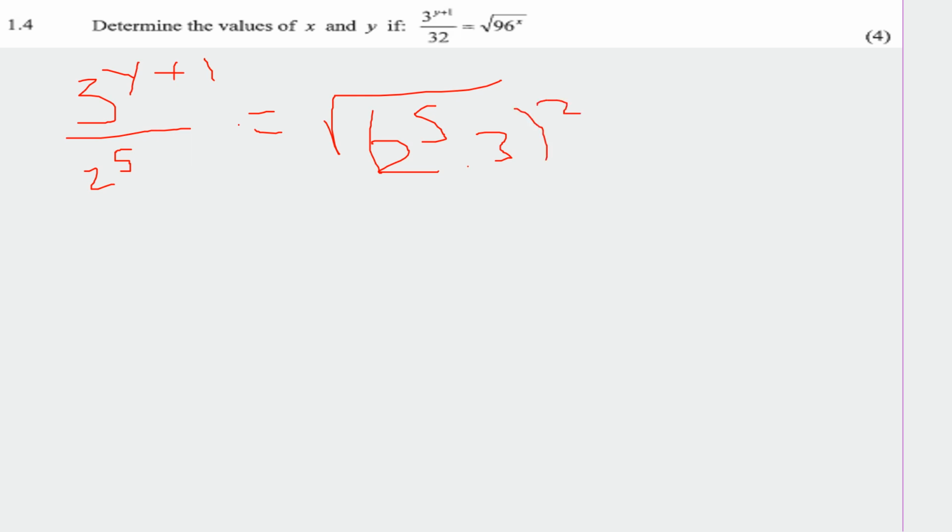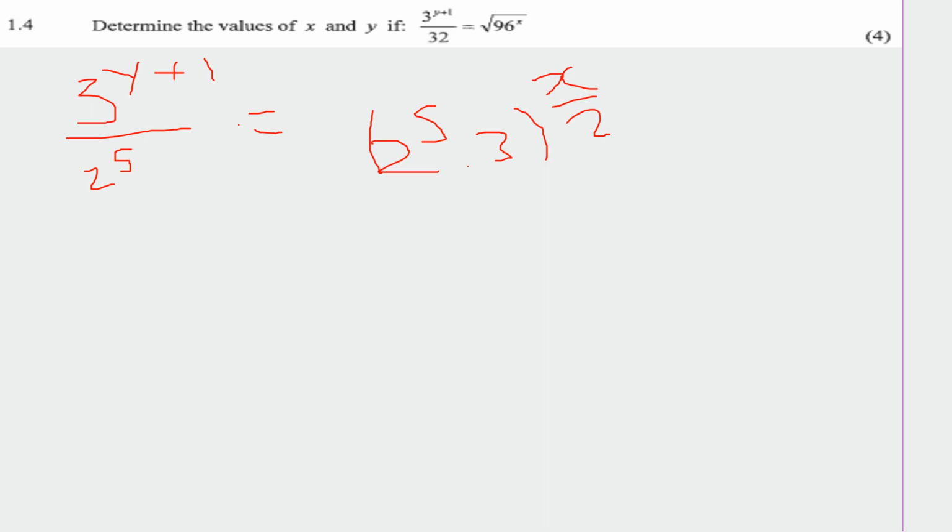So now remember, when you remove this square root, you can just divide by 2. Actually, what I should have done is say, now we have shift fact 96, and now we divide the exponent to get rid of the square root.